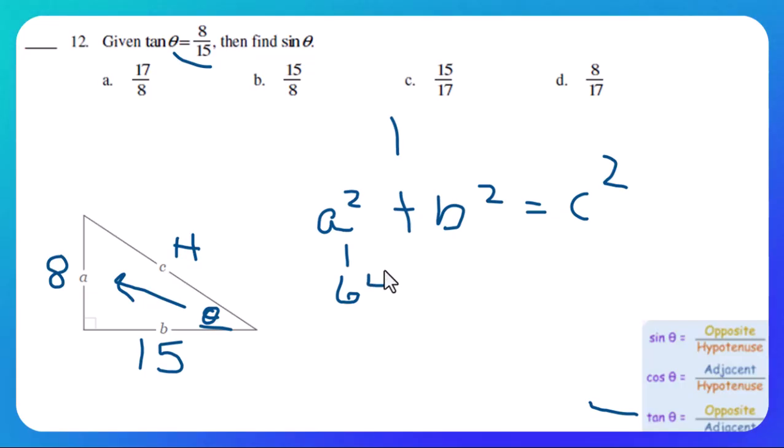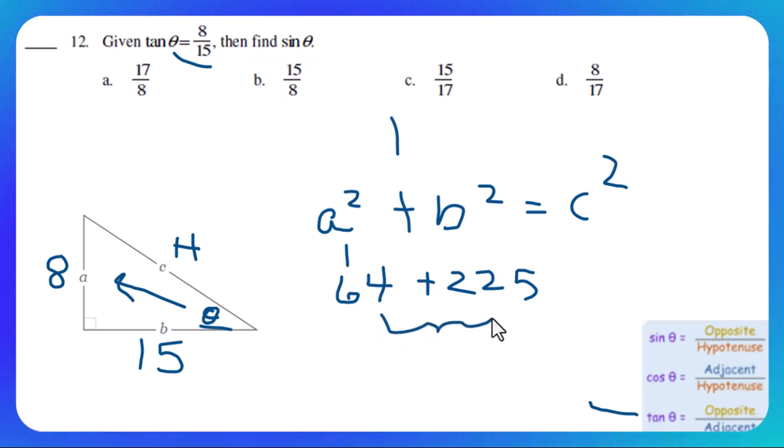Let's make B 15. 15 squared is 225. 225 plus 64 is equal to 289. And the square root of 289 is 17. So our hypotenuse is 17.